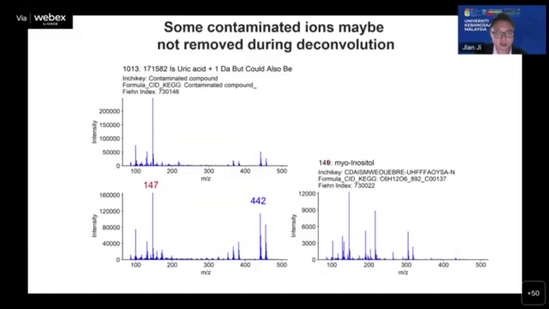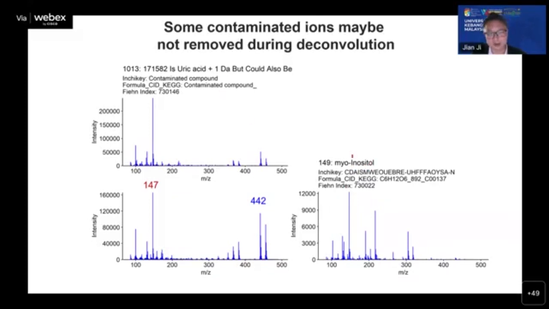Actually, there is another issue, which is contamination from other compounds. I said that the deconvolution algorithm is not that smart. It cannot always give you the pure peak. Sometimes it gives you peaks that cannot be separated from 2 compounds. Like here, the uric acid always has some contaminated ions from the insoluble compounds.